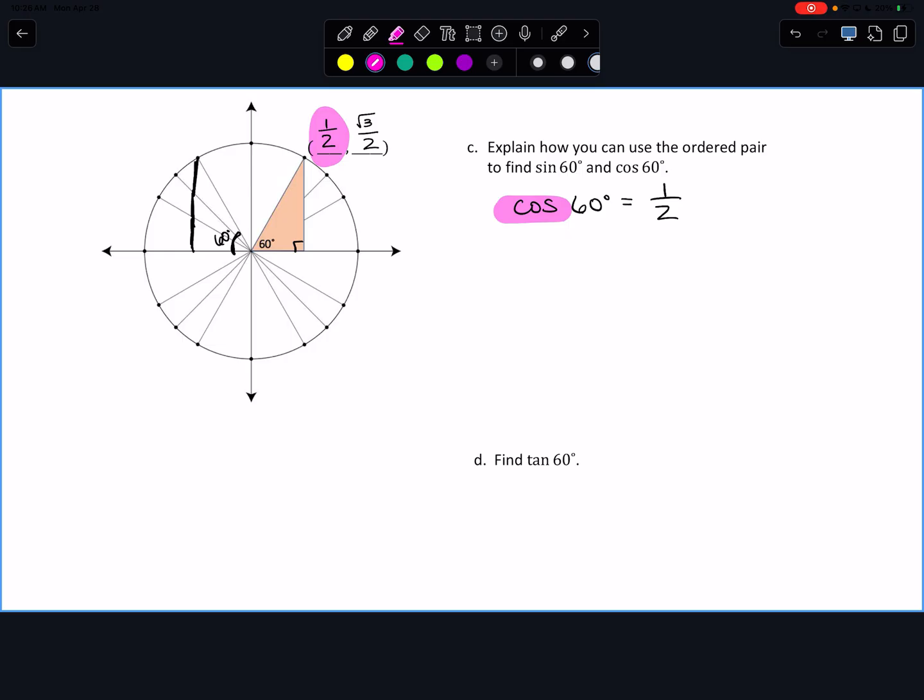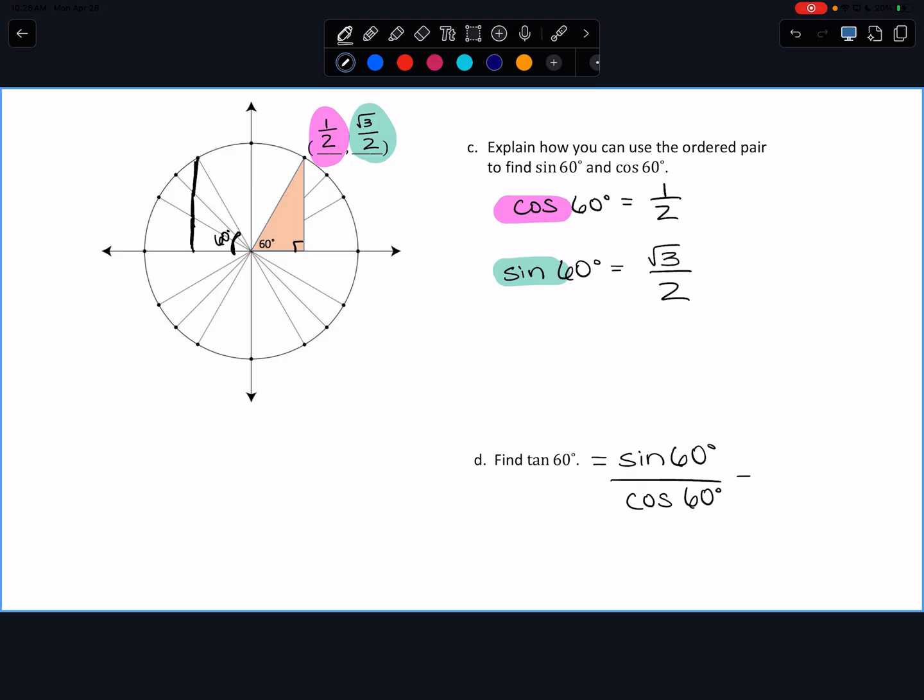It's adjacent over hypotenuse, or it's the x-coordinate, okay? So then sine is the y. So sine of 60 is what? Square root of 3 over 2. So what is the tangent of 60? Remember, you get a tan in South Carolina.